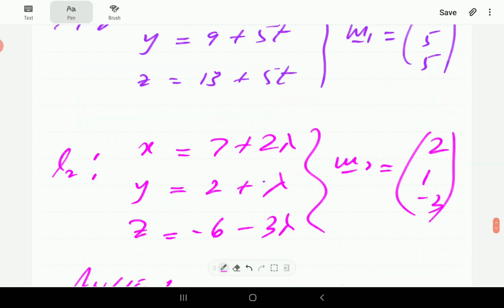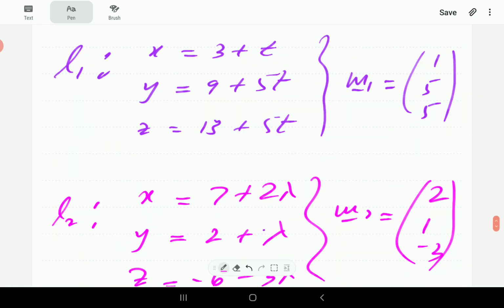Point of intersection. Okay, so in principle it's going to be similar to finding the intersection between two lines in 2D. However, this time we are going to have 3 equations to equate. So at the point of intersection, x must be equal to x, y must be equal to y, z must be equal to z.